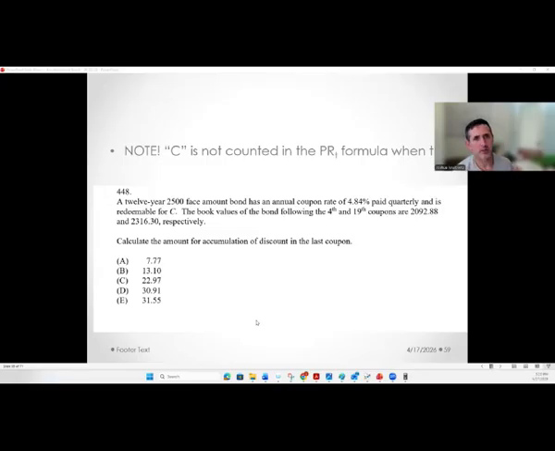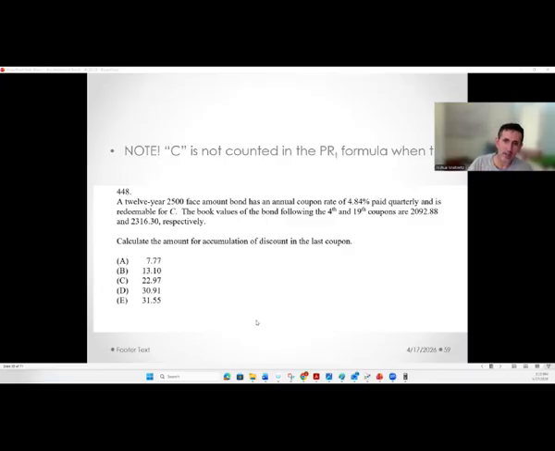Okay, so number 448. A 12-year, 2,500 face amount bond has an annual coupon rate. What the hell does annual mean in this context? Whatever. Paid quarterly, so you have to assume quarterly coupons every 3 months, and we're given nominal quarterly rates.